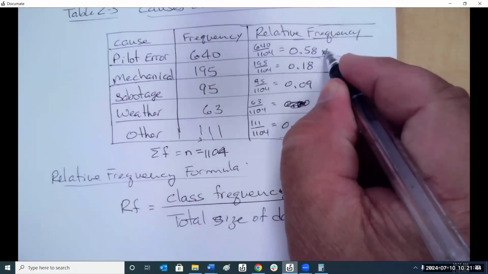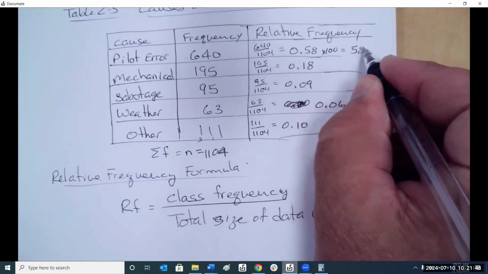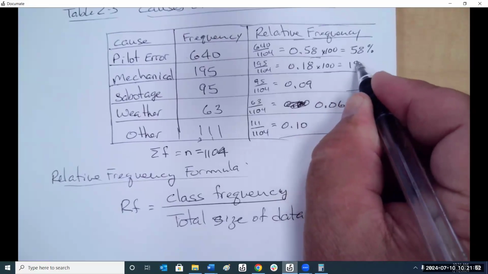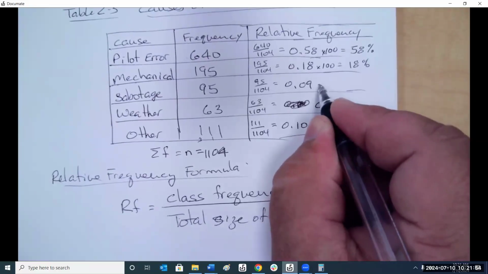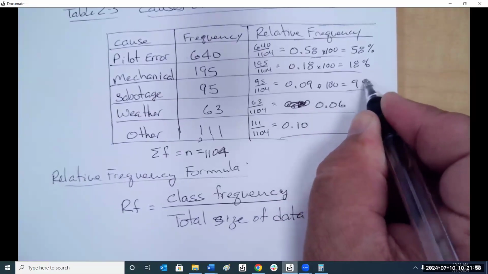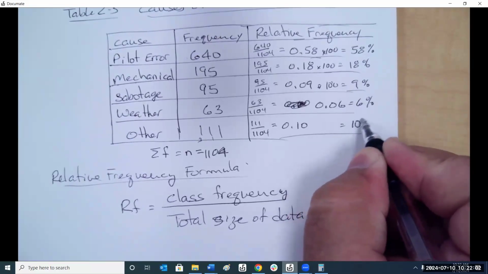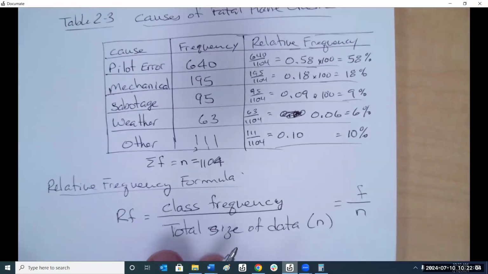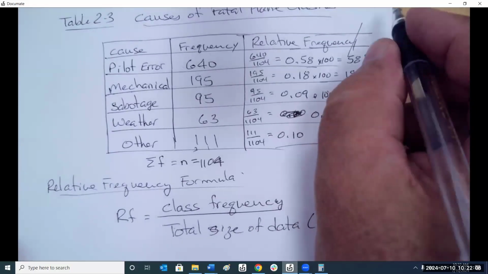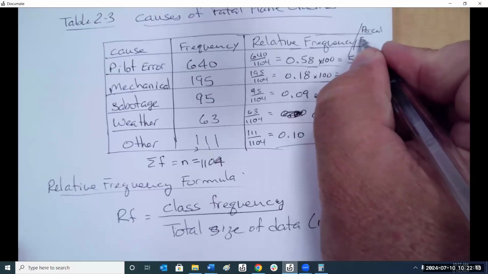Yeah, multiply by 100, which makes it 58%, 18%, 9%, 6%, and 10%. That's called the percentage frequency or percent frequency.